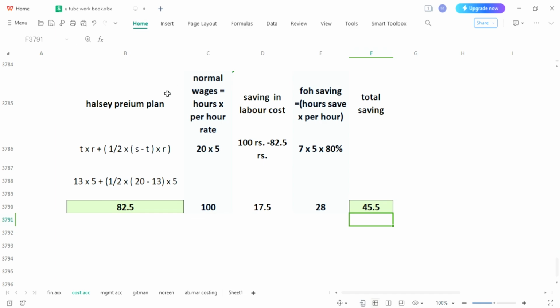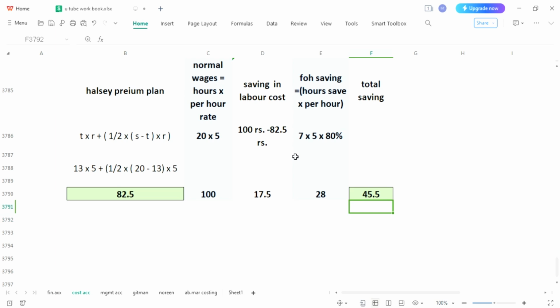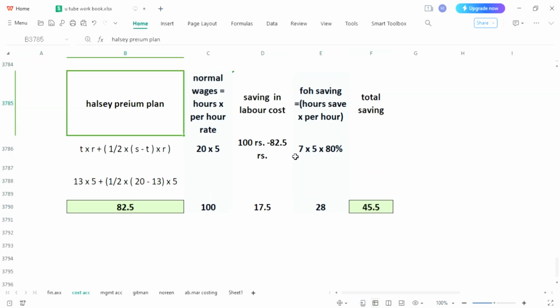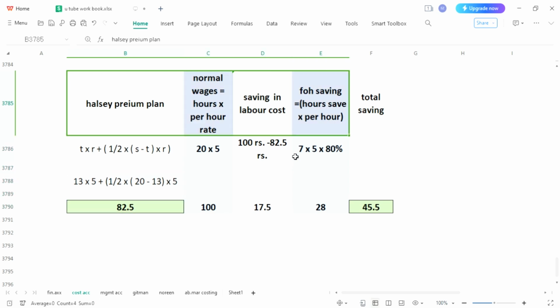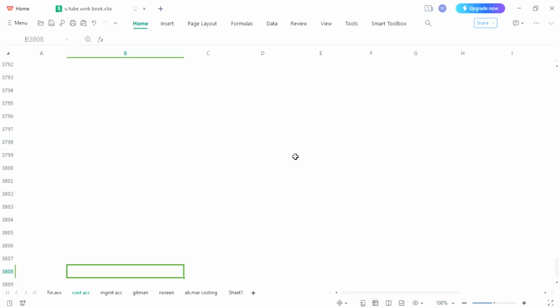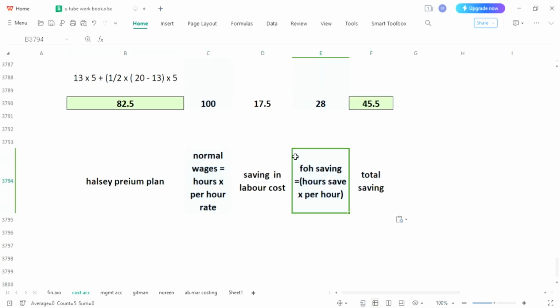Now this complete procedure we will use again. Why? Because we'll have to follow the Rowan plan as well. So for Rowan we will save a little bit of time, and every heading used over here will be reused again for calculation of the Rowan plan.